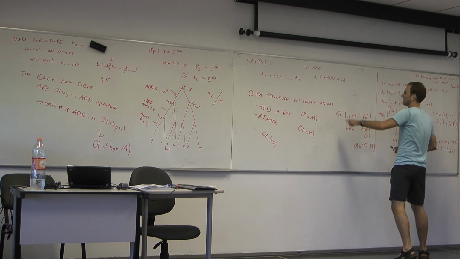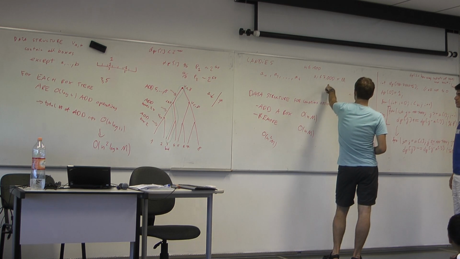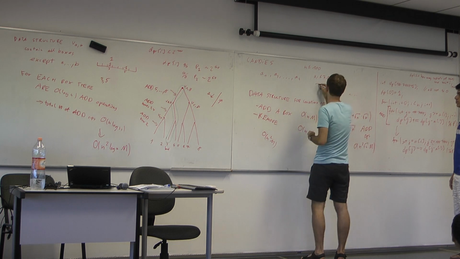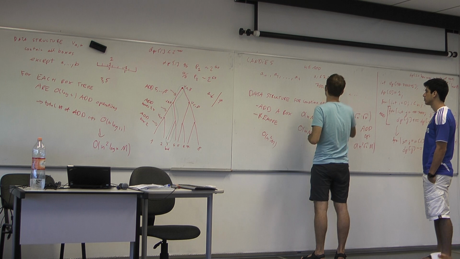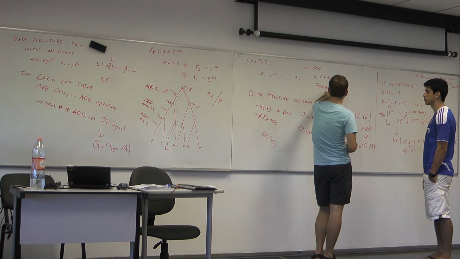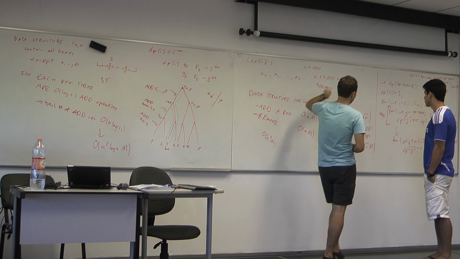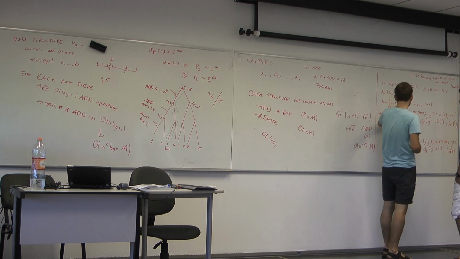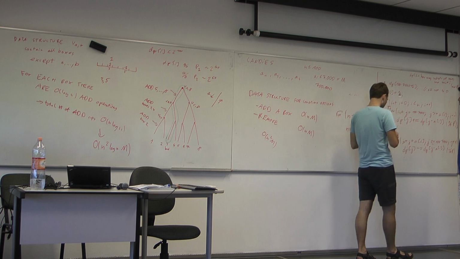M is the size of one box. So I want to be able to handle size 700,000, because the biggest option I can have is the number of boxes times the size of one box.